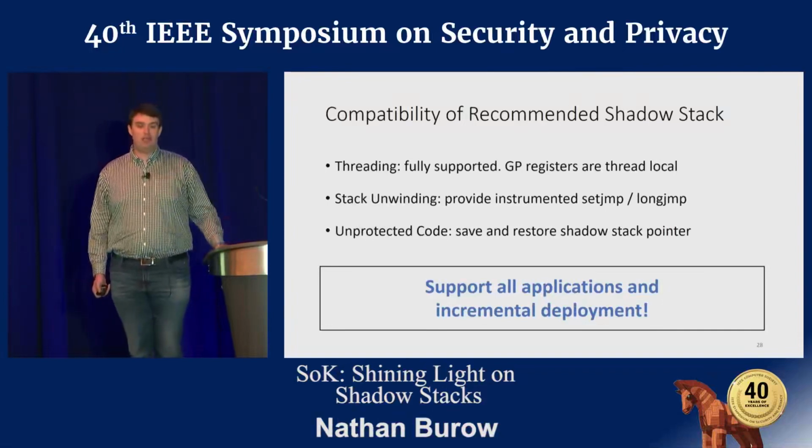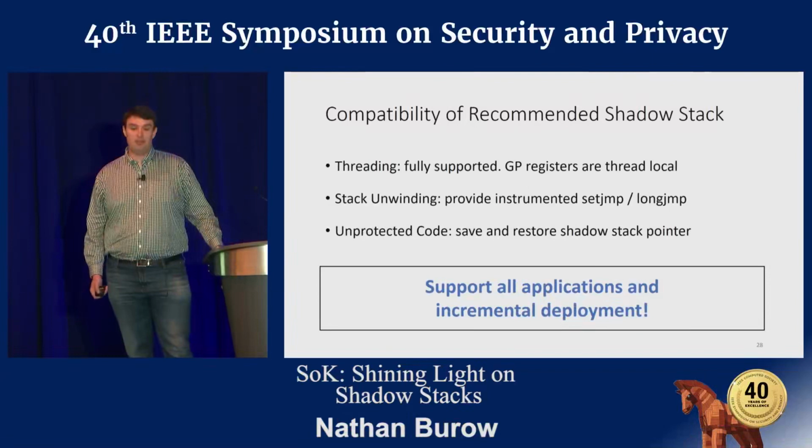This turns out to be a non-trivial but not fundamentally interesting engineering challenge to deal with, and we provide an instrumented version of libunwind and setjmp and longjmp to handle this. Similarly, for unprotected code, when you cross the protection barrier, you have to save your shadow stack pointer. And again, we provide a solution for this. The punchline again is that we support all applications and incremental deployment. So we really believe that shadow stacks are mature enough to start being deployed with control flow integrity.